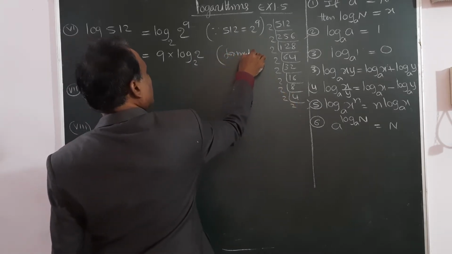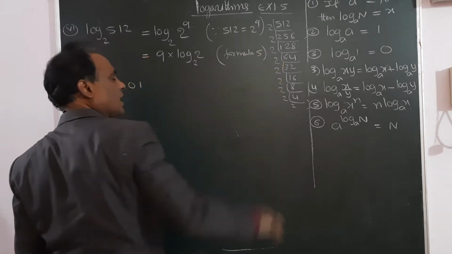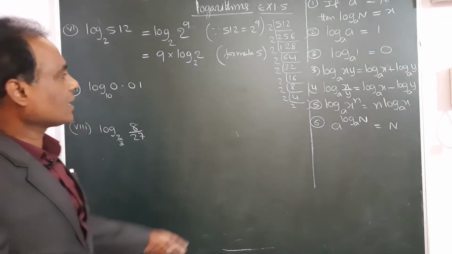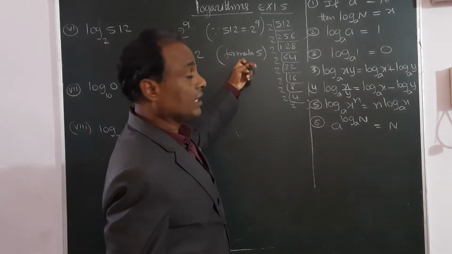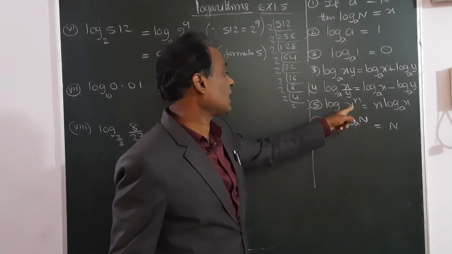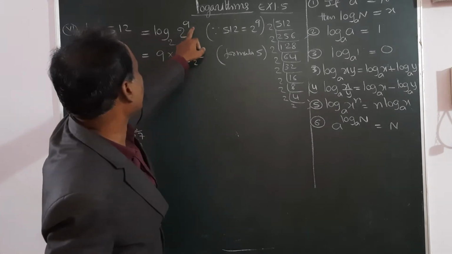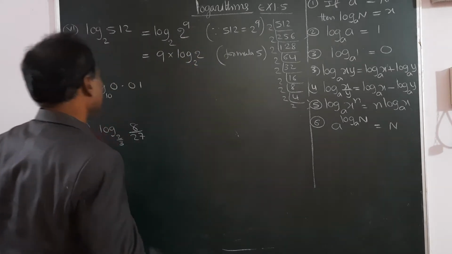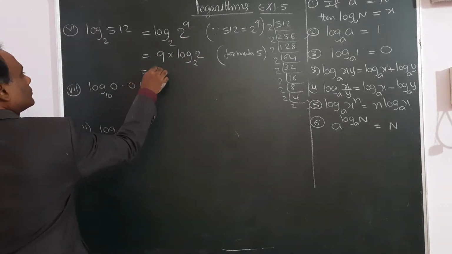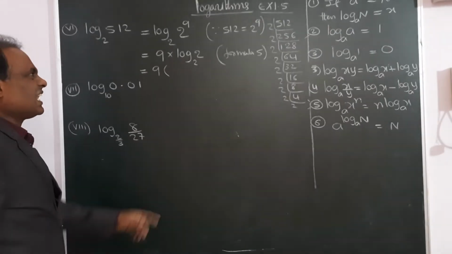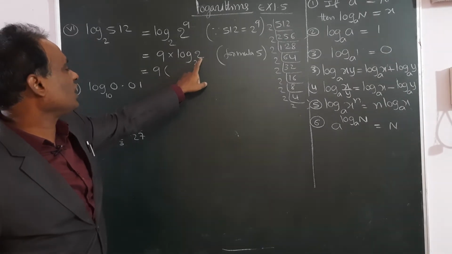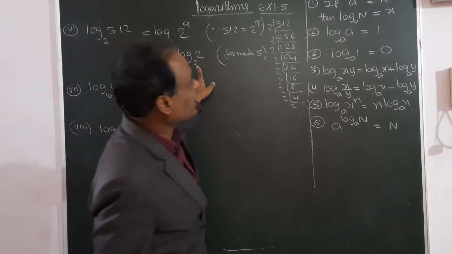You mention the formula here. Don't write formula number 5; write the complete formula here. Log power formula: log x power n is n into log x. Log 2 power 9 is 9 into log 2. Log 2 base 2, if these two are the same, it is 1.